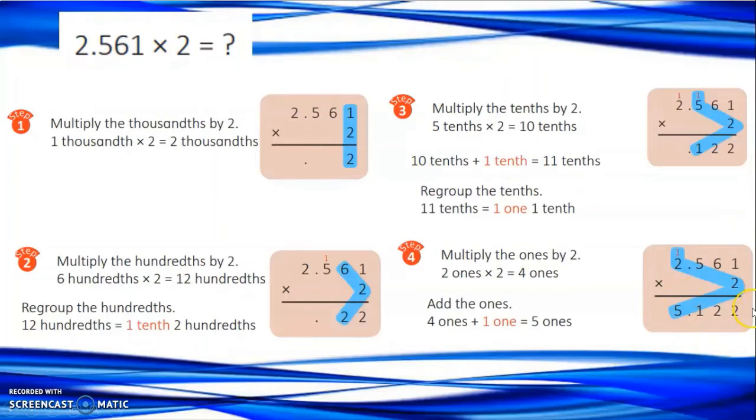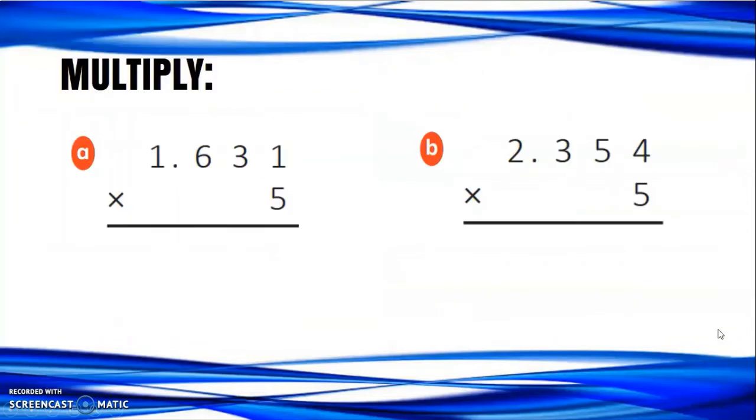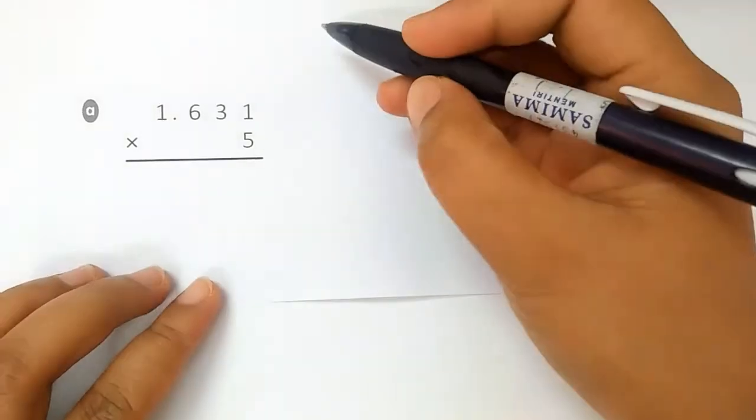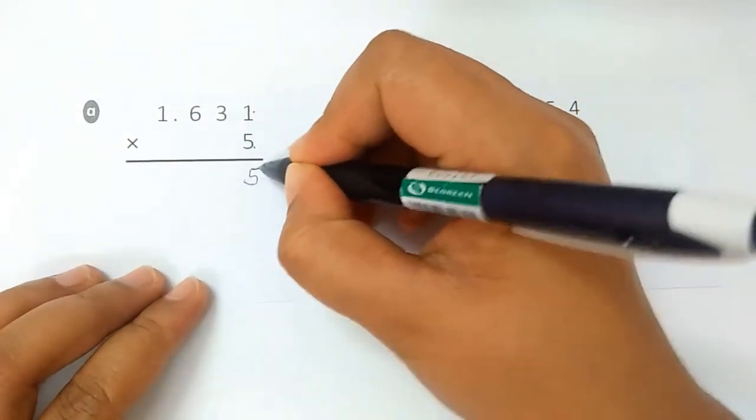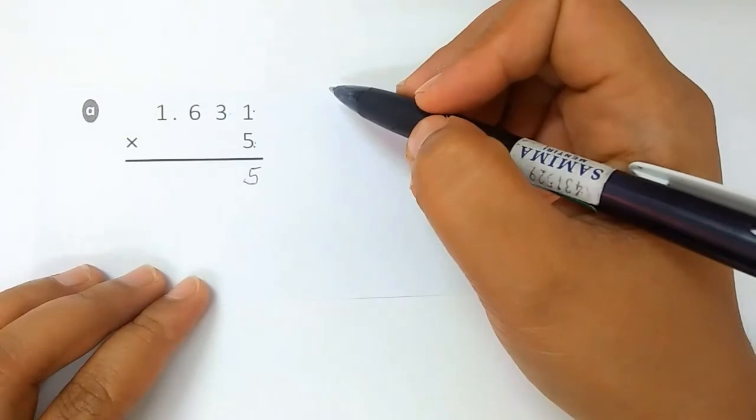As you can see, it's like multiplying normally, but we only have the decimal point. Here we have 3 decimal places, which means in our answer, we have 3 decimal places also. Let's multiply A and B. So let's multiply 5 times 1, 5. 5 times 3, 15.